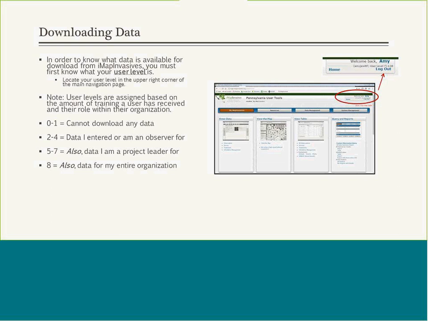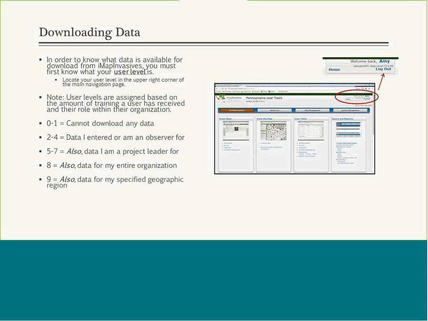If you are a level 8, this will also allow you to download data for your entire organization. Maybe you are a president of an organization or a VP. These would be people that we would give that level 8 access to, to be able to download data for their entire organization.